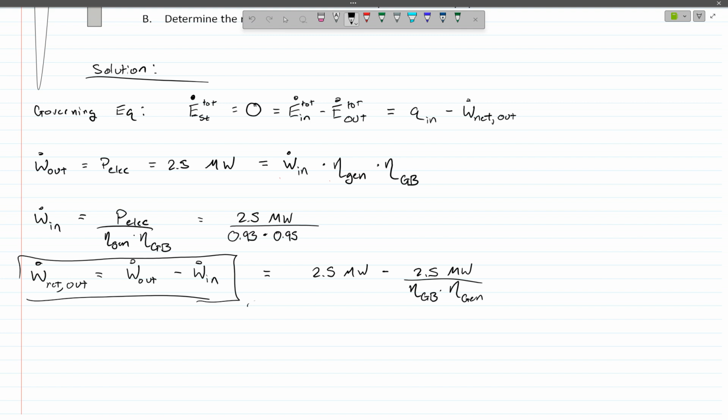What does that tell us? It tells us there is more mechanical power in than out. So we're going to end up with a negative net work out. Combined with the negative sign in our first law here, that means we've got a positive quantity on the right-hand side, which tells us we are going to need a negative quantity for Q in, which makes sense. That's our heat leaving, or our thermal energy leaving.